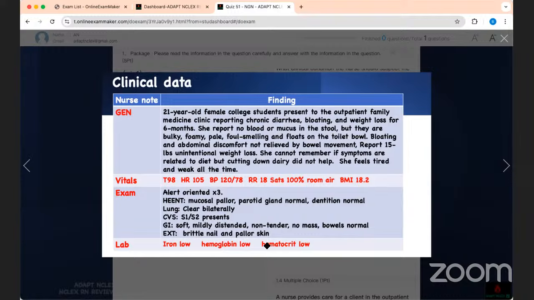But this patient has anemia even when they cut the dairy product, it doesn't relieve. They're losing weight and they have pale, bulky, foamy, foul smelling, floating stool. And their BMI is less than 18.5, like anorexia. They have severe weight loss due to malabsorption symptoms.